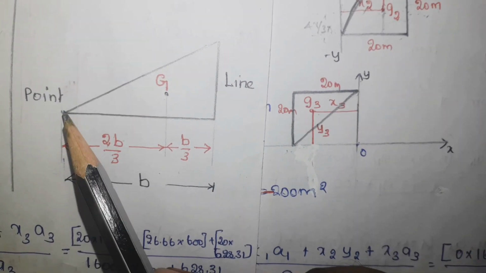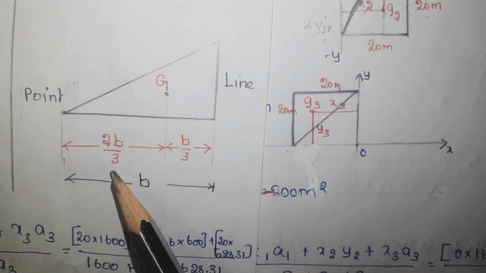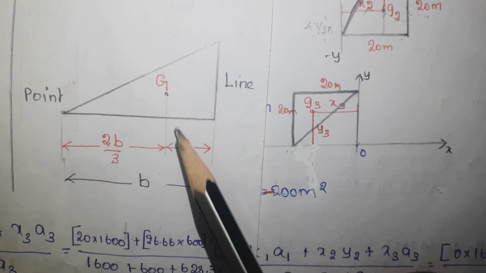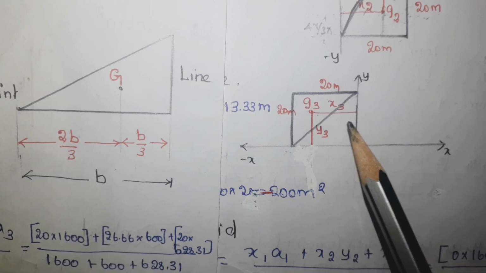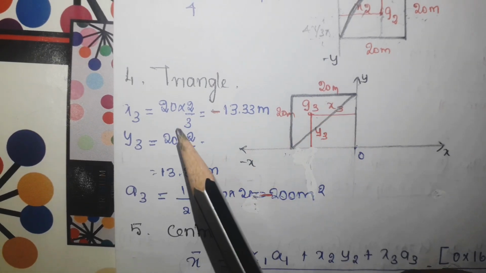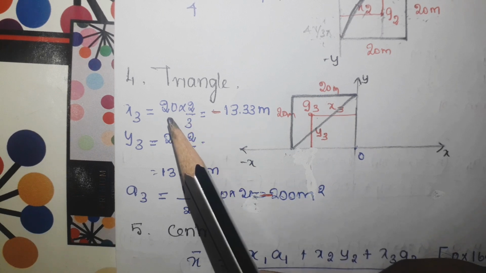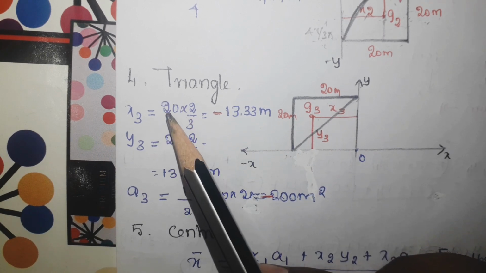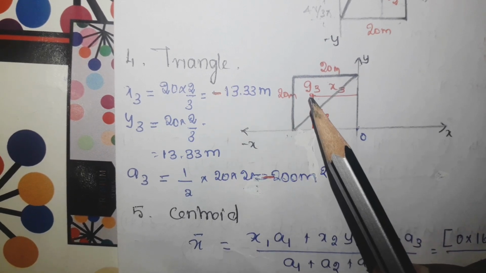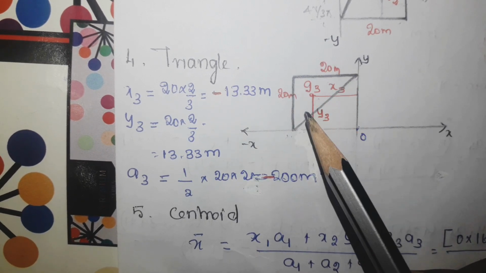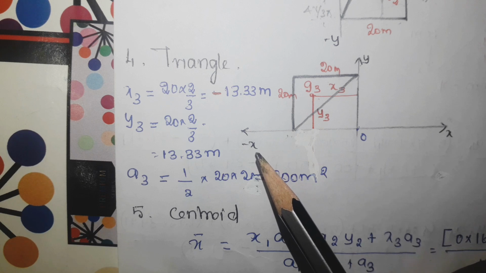As I showed you already, from the point end to G it is 2b by 3, and from the line end it is b by 3. But here this is the point end. So 20 into 2 by 3, where b is nothing but 20. And here minus, because G3 is located in the second quadrant, where the x-axis is on the negative side.